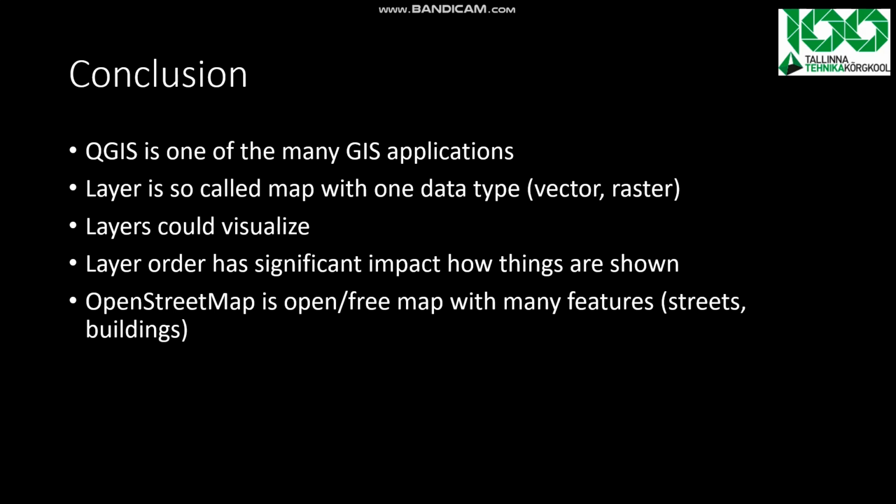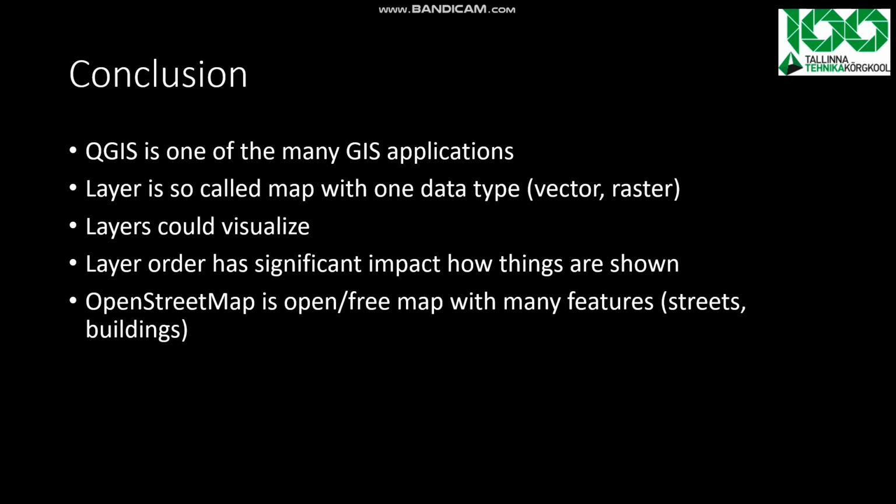So that was everything from QGIS today, and next I want to make a little conclusion: QGIS is one of the many GIS applications. A layer is a so-called map with one data type. It can consist of only one data type, and mostly you have to categorize your data.